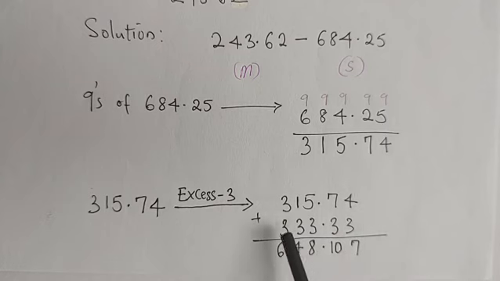So it's going to be 3 plus 3, 6, 1 plus 3, 4, 5 plus 3, 8, dot, 7 plus 3 is going to be 10, 4 plus 3 is going to be 7. So in this case, we have obtained the excess 3 code.